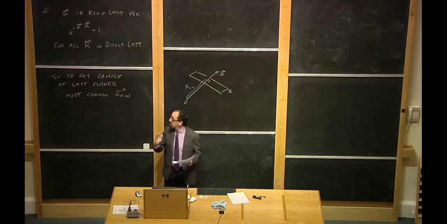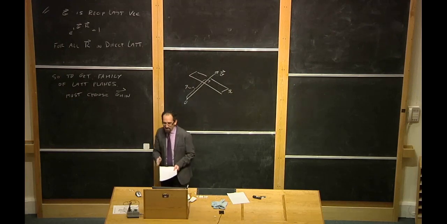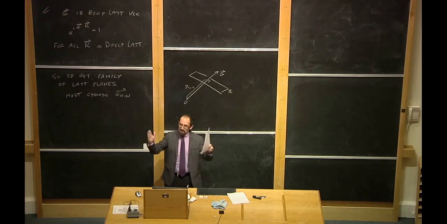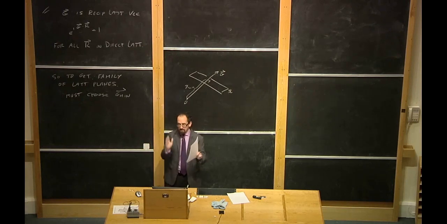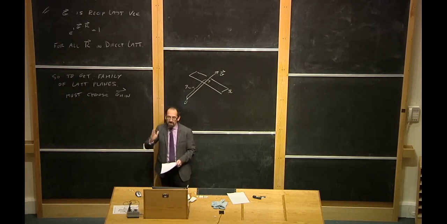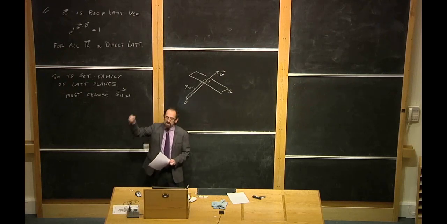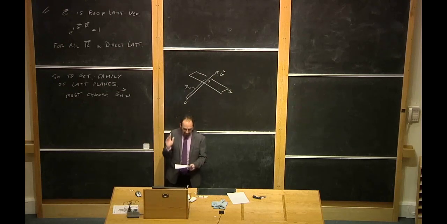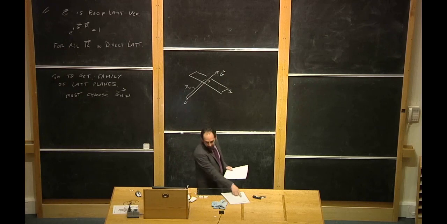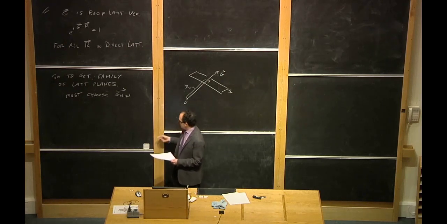If it was not the minimum reciprocal lattice vector in that direction, you could make it smaller, cut it in half, for example, and get something which has fewer planes, and yet all of the lattice points should still be included. So you should take the minimum reciprocal lattice vector so that you get enough planes. You're guaranteed that all your lattice points in the direct lattice will be included in those planes, but you don't get any extra. Okay? Good. All right, so that's the proof of that rather important theorem.